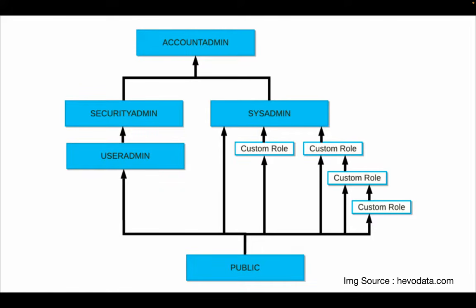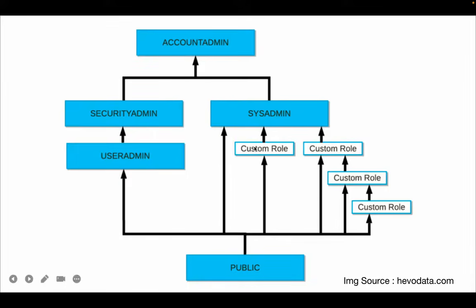This role also inherits the user admin role. User admin: this role is dedicated to user and role management. By default, this role can create and modify users and their respective roles, assuming those roles or users haven't been transferred to another role.